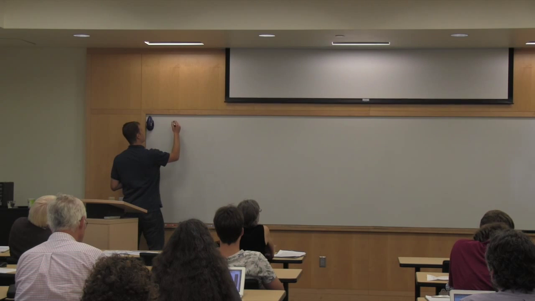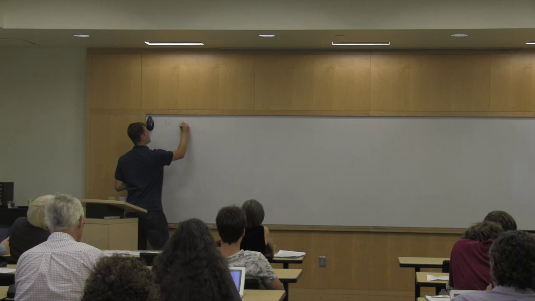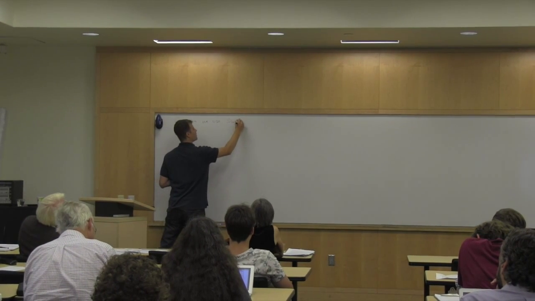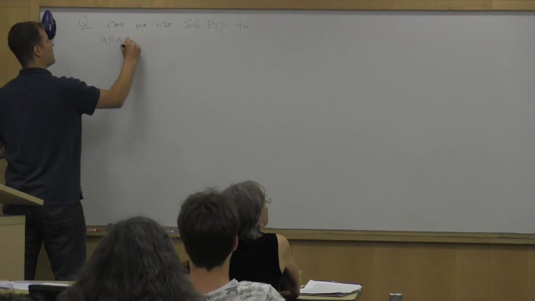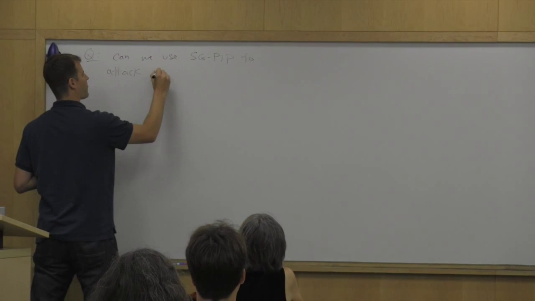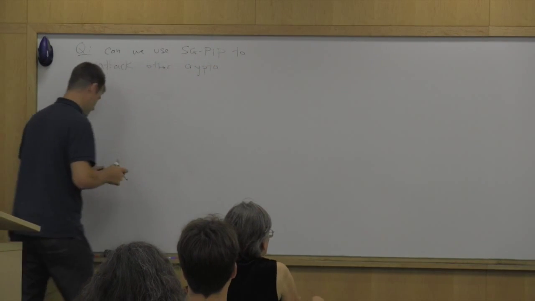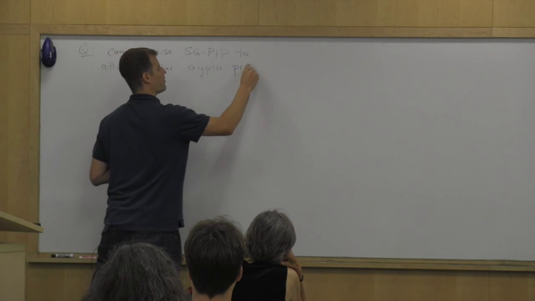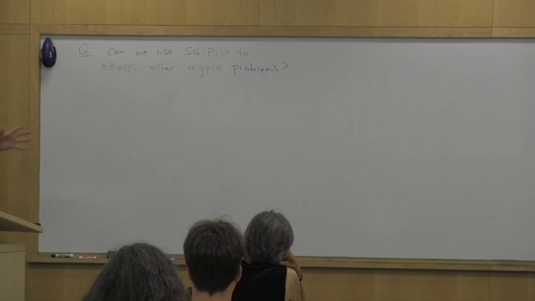So the motivating question here. Is this visible? Okay, so other problems from ring-based lattice cryptography.